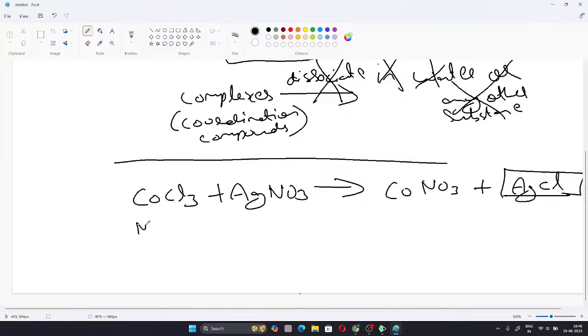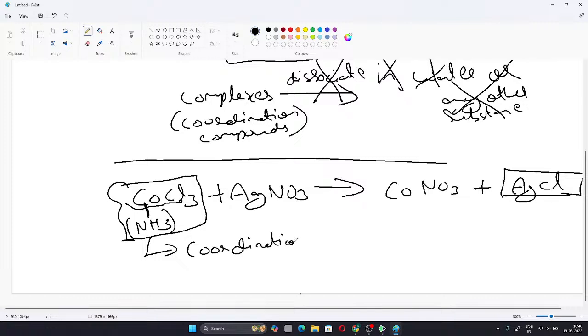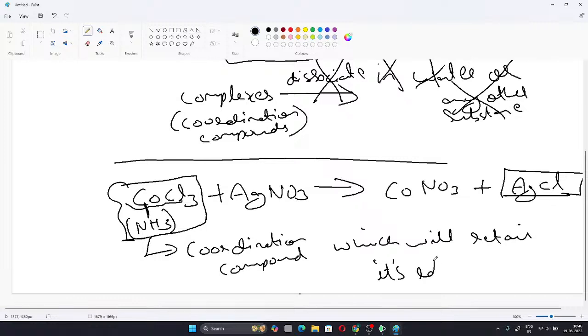But because we took NH3, the CoCl3 and NH3 are basically forming a coordination compound, which will retain its identity. As such, all the Cl3 molecules stoichiometrically will not be equal to the AgCl precipitated.